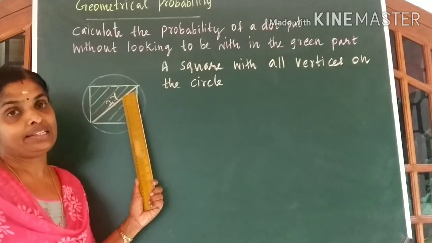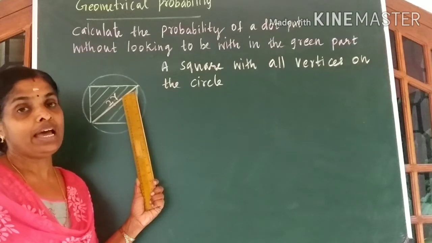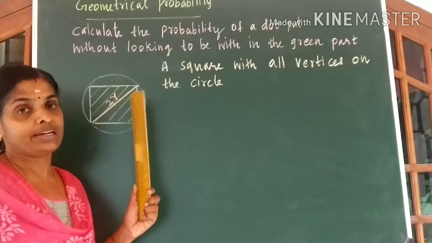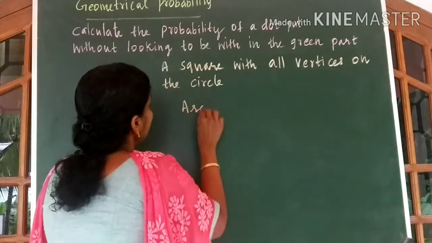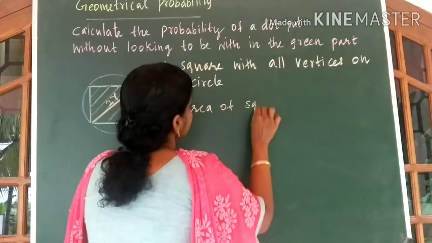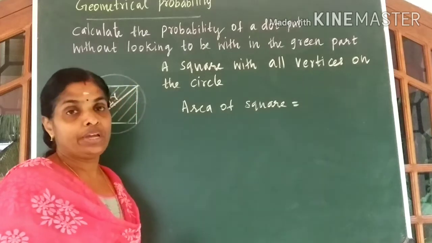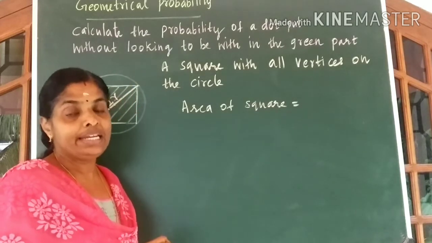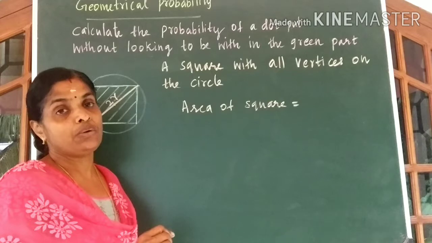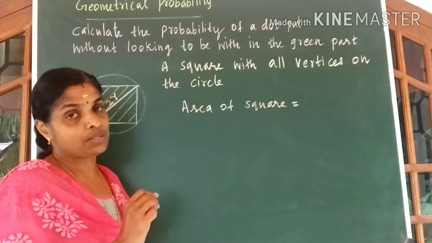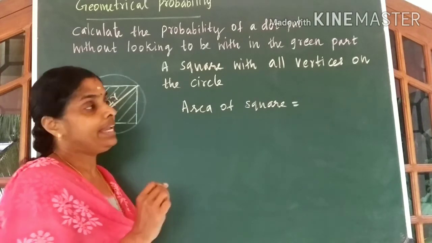Now let us write the area of the square and also area of circle. Okay, area of square. We know the formula. Area of square is either side into side, or otherwise we can use the formula half d square, that is half into diagonal square.